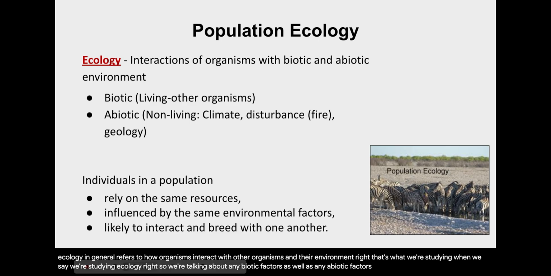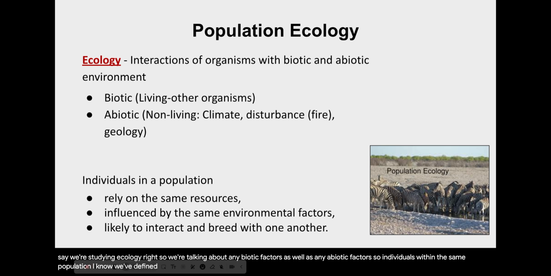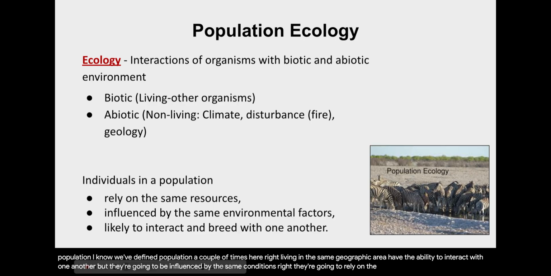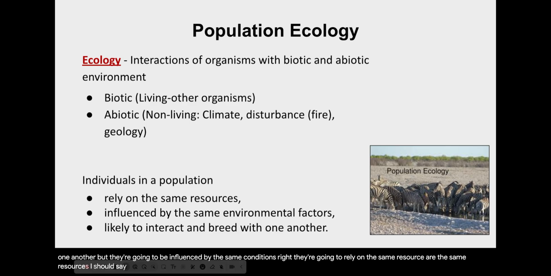So individuals within the same population, I know we've defined population a couple of times here, are living in the same geographic area and have the ability to interact with one another, but they're going to be influenced by the same conditions. They're going to rely on the same resources, so same food, same habitat.